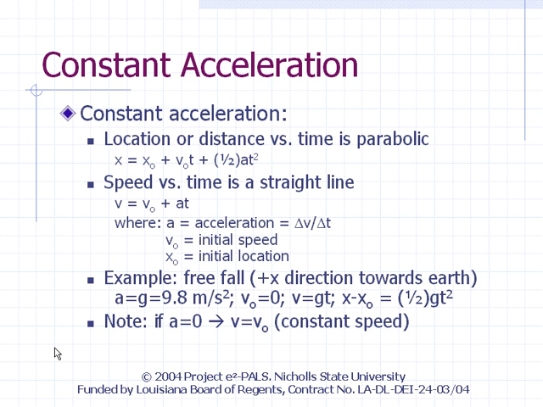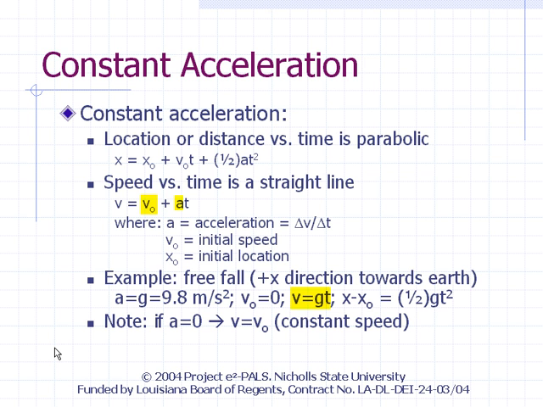What equations would we use to describe a freely falling object, taking the direction toward the ground as the positive x direction? If we take the moment the object is released as our time 0, or our initial time, then v0 is 0. Since v equals v0 plus a times t, v will simply be equal to a times t, or g times t.